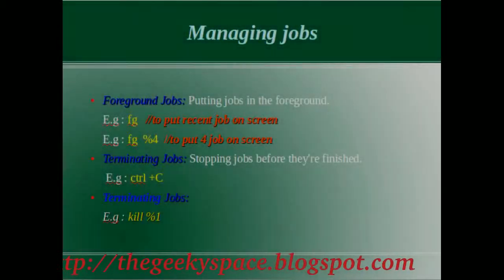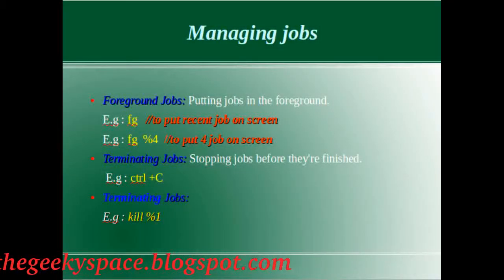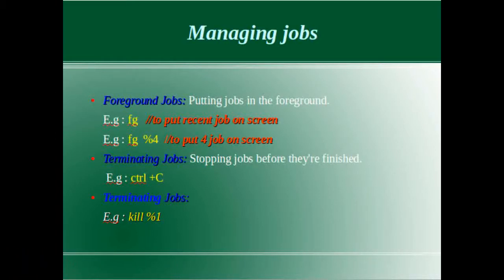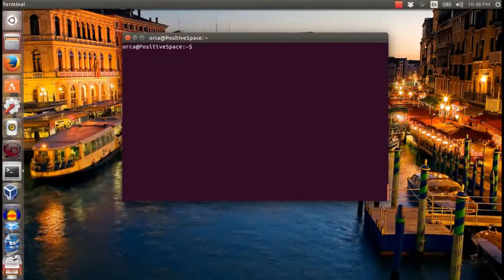The last tip that I want to share in this tutorial is how to kill foreground jobs and background jobs in the terminal. To kill a job in the foreground, press the Ctrl button and C key.